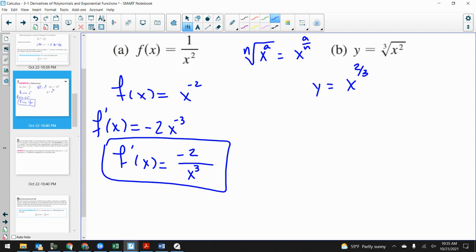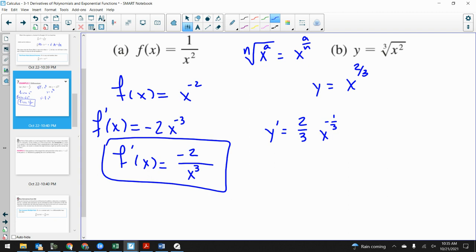Remember that the power rule still applies. Y prime is going to be equal to 2/3, kick it down front, and then subtract by 1. 2/3 minus 1 is negative 1/3, right? Negative 1/3. And now we just have to reduce that.